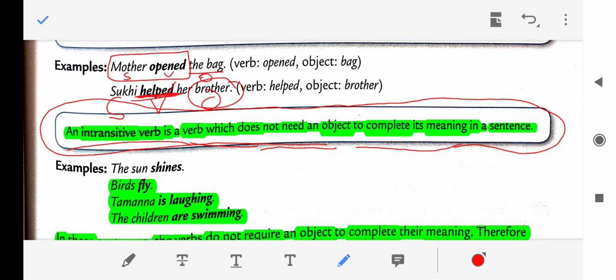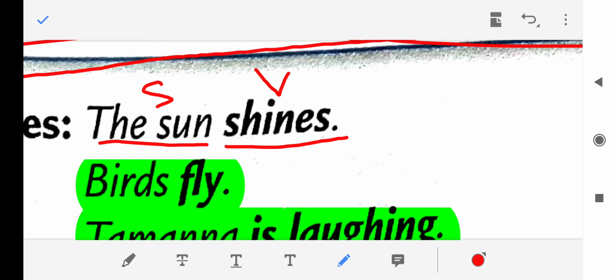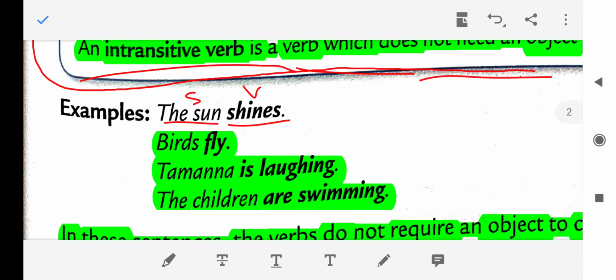Like, the sun shines. Okay. So in this sentence, the sun is the subject and shines is the verb, and the verb completes its meaning by itself. It doesn't need any kind of object to complete its meaning.